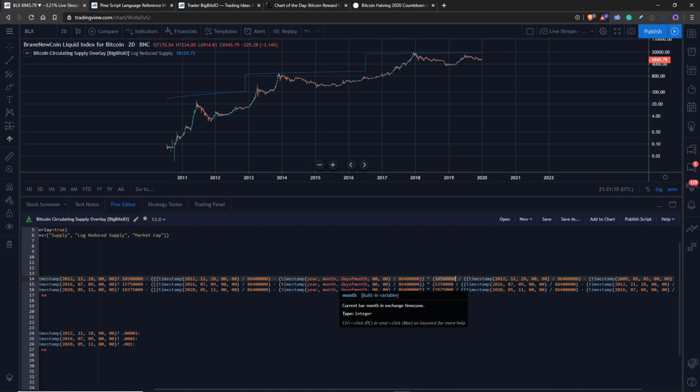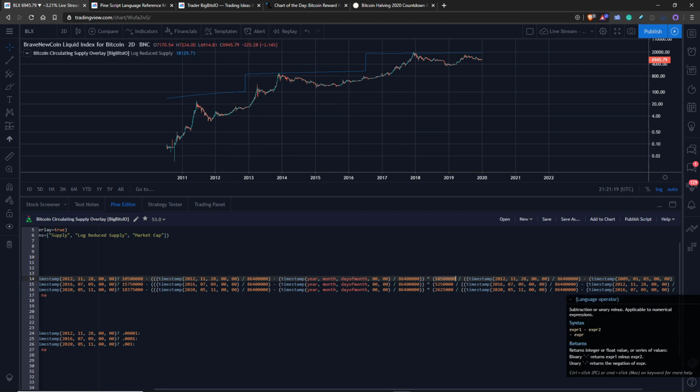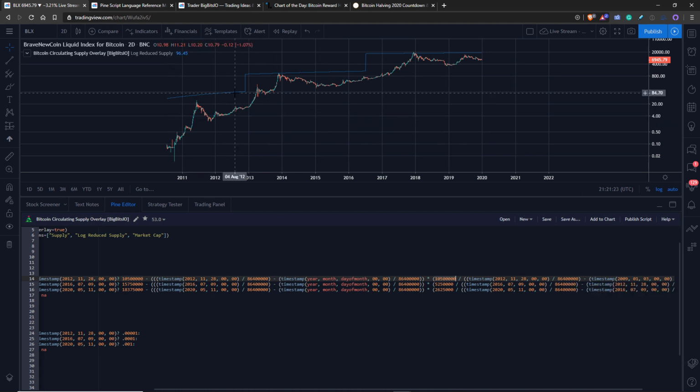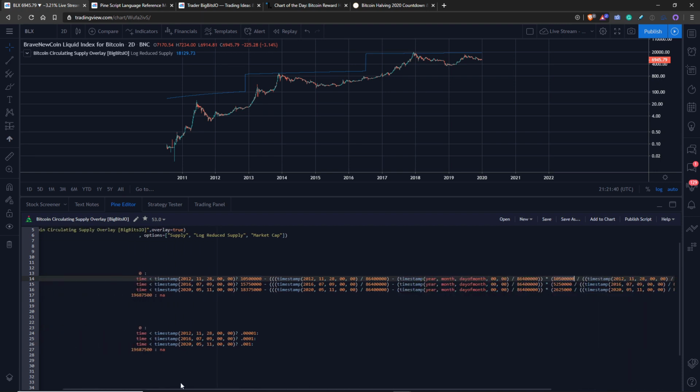So we get all the rewards until the next halving, and then we take the amount of coins on the next halving and we subtract the amount of coins that we have left until the next halving, and that's how we get this increasing amount over time. It sounds like a lot, and there's a lot going on in this particular line of code, so it can be a bit intimidating if you aren't a very experienced programmer. So not much I can do about that, but if you followed along, you'll see how these things work.